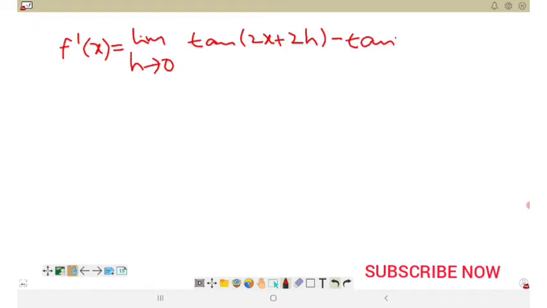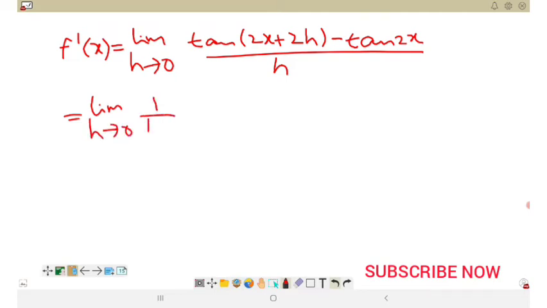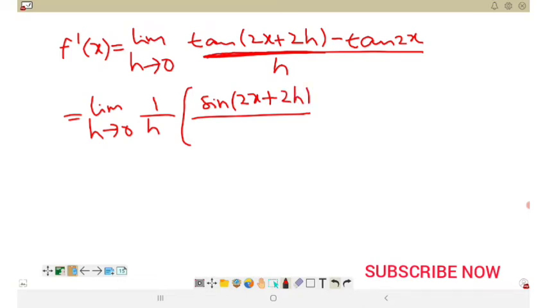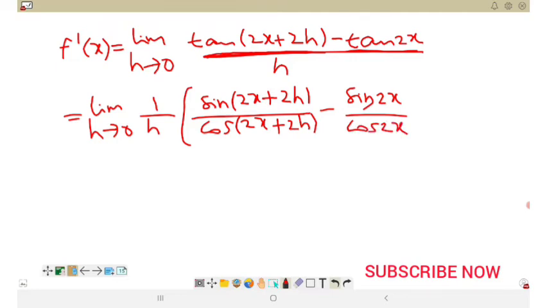Limit h tends to 0, 1 by h into, write tan of 2x plus 2h equals sin by cos, sin of 2x plus 2h by cos of 2x plus 2h, minus tan 2x equals sin 2x by cos 2x.